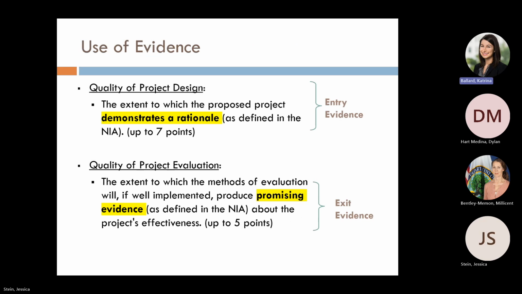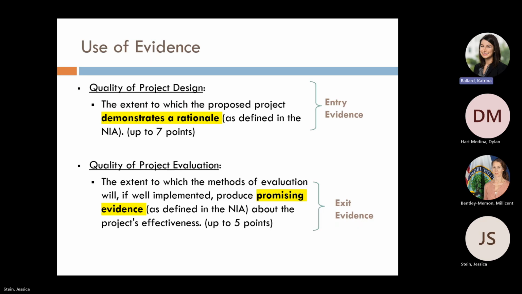Here we see the two evidence levels referenced in the NIA. Applications will be evaluated based on the use of these levels of evidence upon entry and upon exit. Evidence upon entry requires the project demonstrates a rationale, which again means the applicant has identified a key component in the project that, based on high quality research, the applicant hypothesizes is critical to achieving the relevant outcomes.